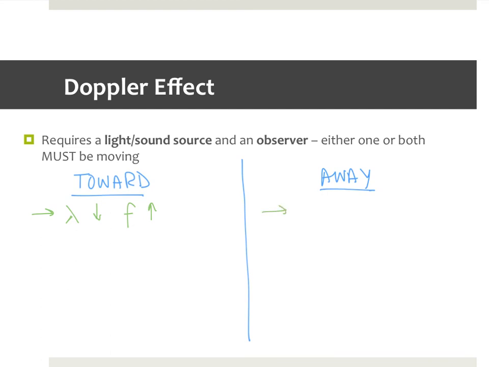Further away, if it moves away, then the waves elongate, they stretch out, so they increase in size. Whereas the frequency has to go down as a result. Now, it might sound different then. So it's a higher pitch for sound, and it's a blue shift for light, because blue has a higher frequency for the colors.